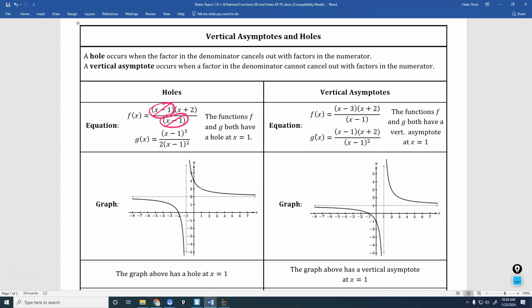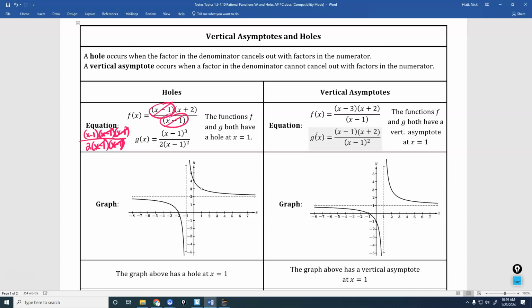What that means is I've got x minus 1 times x minus 1 times x minus 1 on the top, and I've got 2 times x minus 1 times x minus 1 on the bottom. So this would cancel out with this, and this one would cancel out with this one. I would still have an x minus 1, but it would be in the top. So all the x minus 1s in the bottom have canceled out. So that would also have a hole at x equals 1.